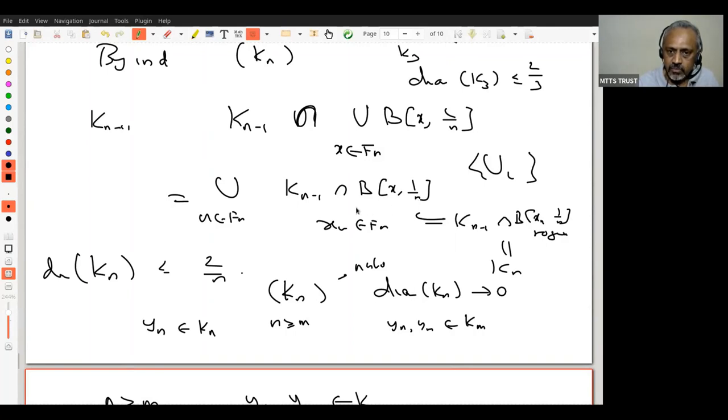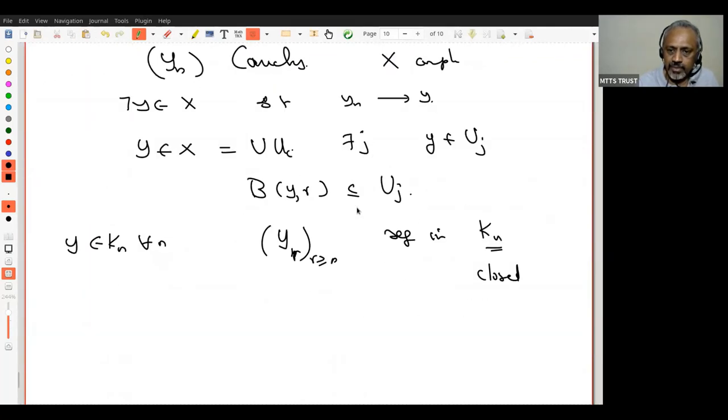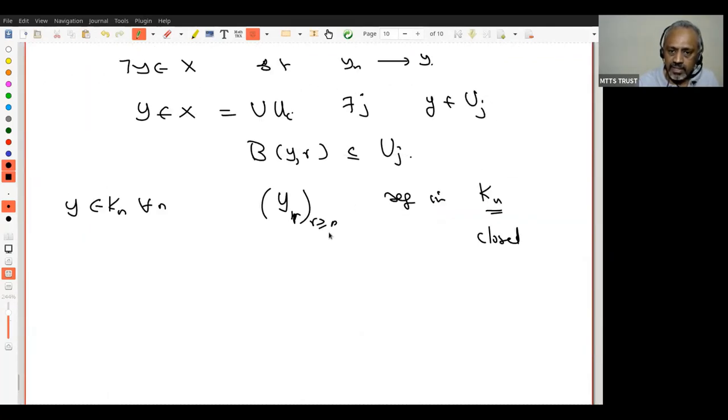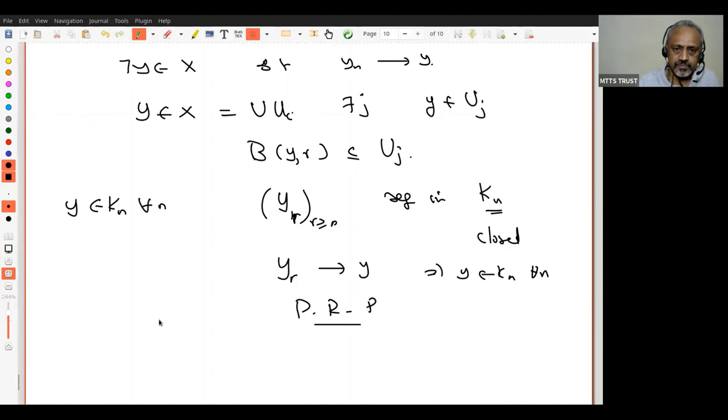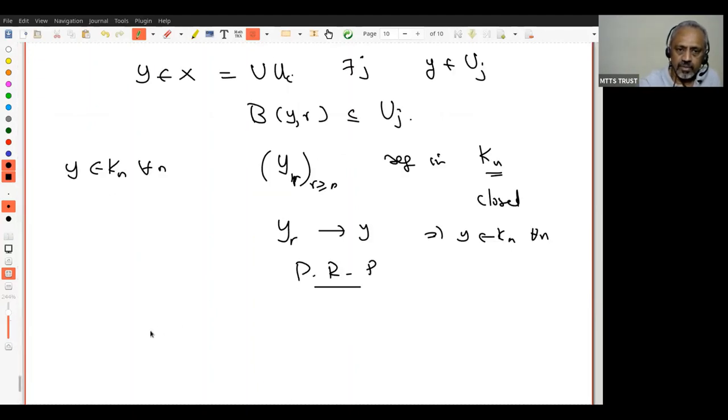Therefore, the intersection is a closed set. Therefore, my yr, r greater than or equal to n is a sequence in Kn. And since yn converges to y, yr converges to y. Since Kn are closed, that implies y belongs to Kn for each n. Do you understand this? Pause, review, proceed. Therefore, y belongs to Kn for each n.